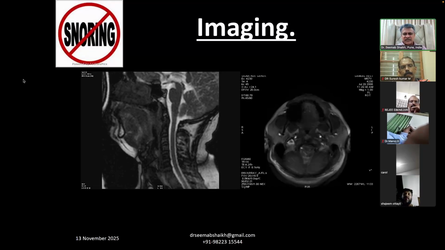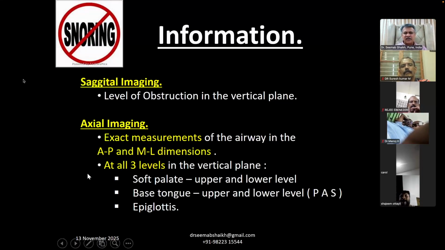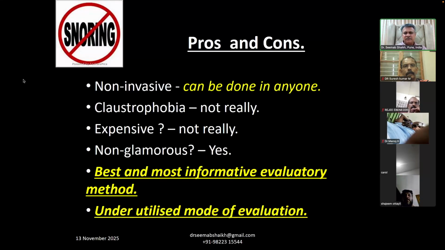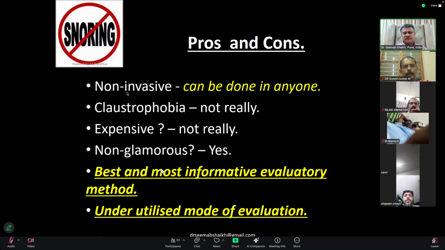And that is why this is a more objective way of evaluating the airway, because post operatively, so these are the levels at the soft palate, base tongue, epiglottis, you have AP and mediolateral dimensions, so that post operatively you are then able to correlate what you have done versus what was the situation pre-treatment.